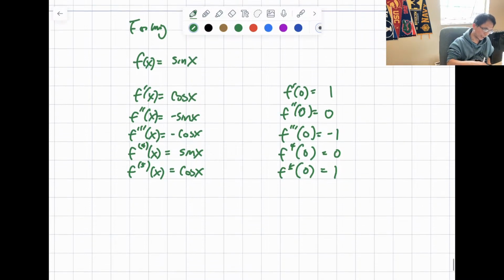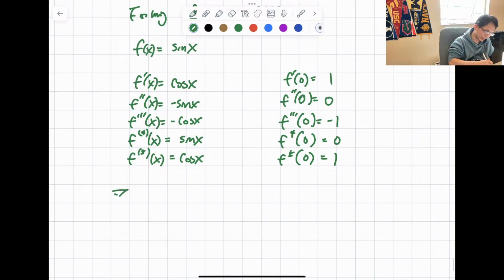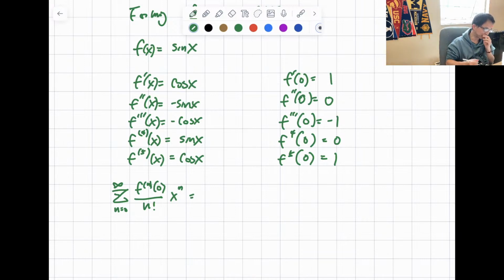Now let's write down the Maclaurin series. The Maclaurin series says summation from n equals 0 to infinity of f^(n)(0) over n factorial of x to the n. First of all, x to the 0 power is 1, so that's just f of 0, not taking a derivative.